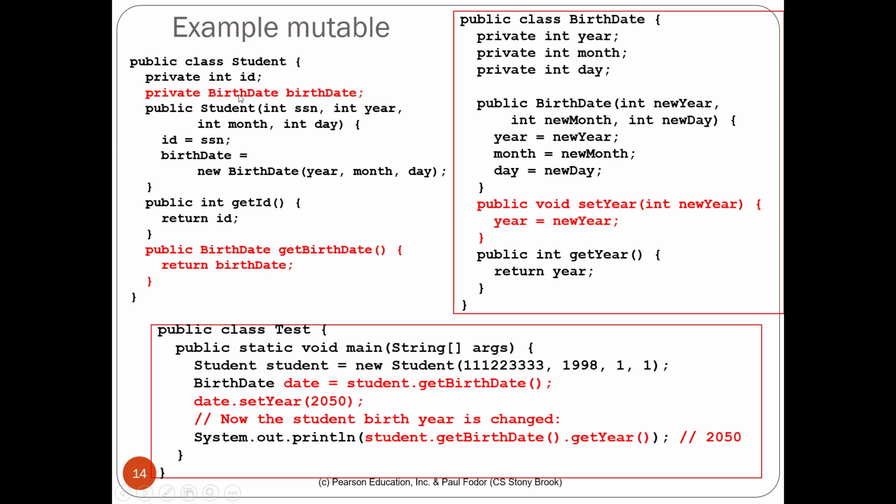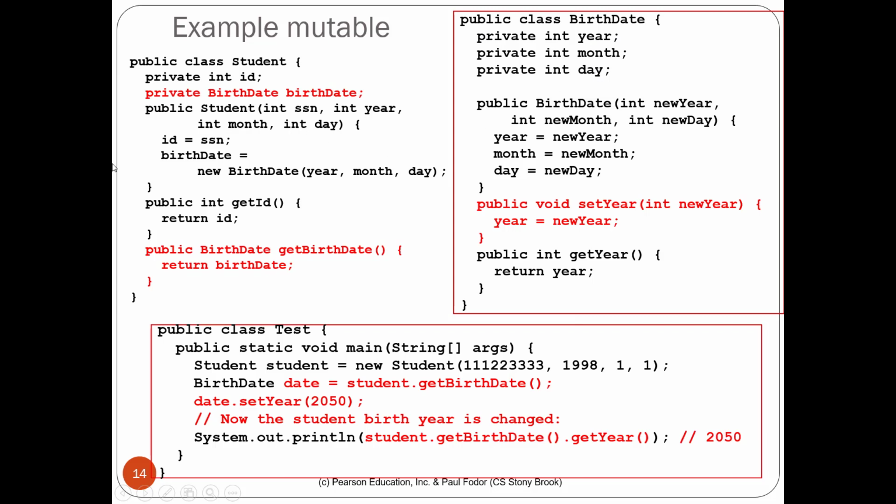Using that class, you're creating and defining the object which is the birth date for a particular student. Don't worry about BirthDate, because on the right hand side we are defining a class called BirthDate. This object is of the type of the class in the right box. I'll come to this class later.